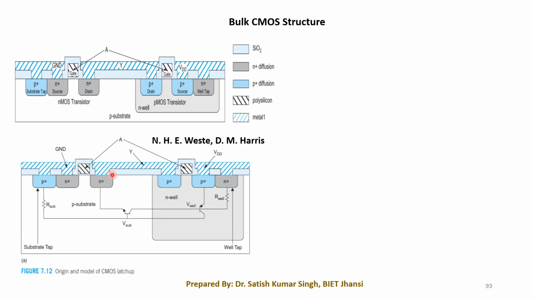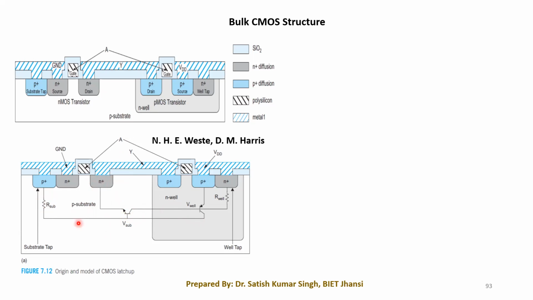This is our diffused p type region, this is our substrate region, and this is our n well region. So this n plus, this substrate and this n well can act like an npn transistor.